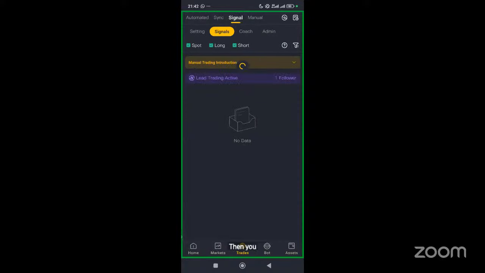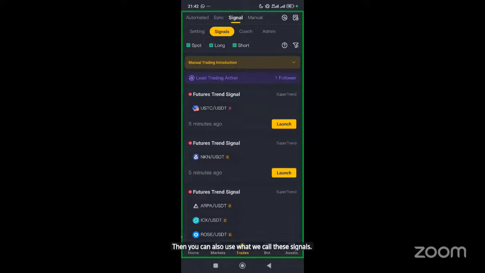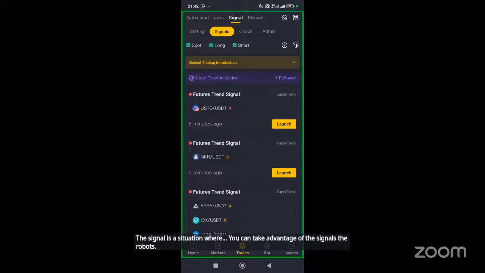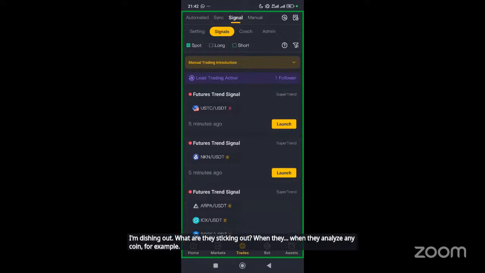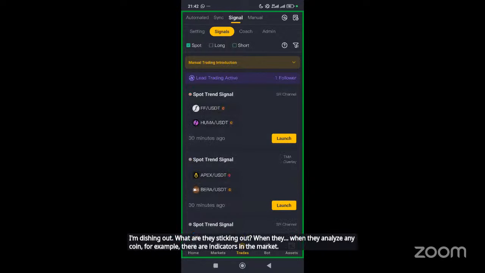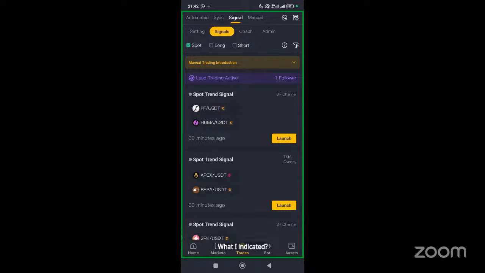Then you can also use what we call the signals. The signal is a situation where you can take advantage of the signals the robots are dishing out. What are the signals? When they analyze any coin, for example, there are indicators in the market. What are indicators? Indicators have the ability to detect the algorithm of a particular coin and the direction the coin is moving.